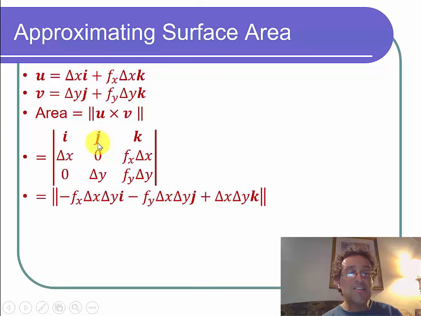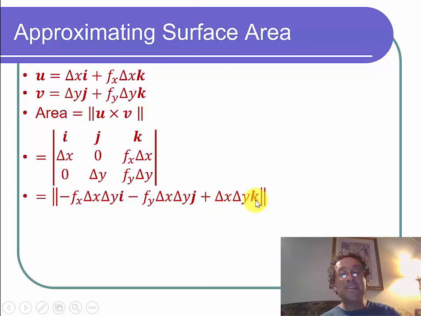And notice for the jth component, I need to multiply by negative 1. So I arrive at negative f sub y delta x delta y, and then times j. For the kth component, I cross out the first row and the third column, and I get delta x delta y minus 0. So we just get delta x delta y k.